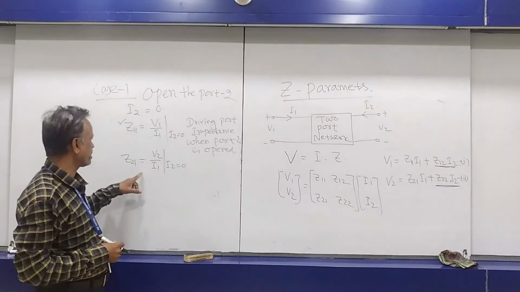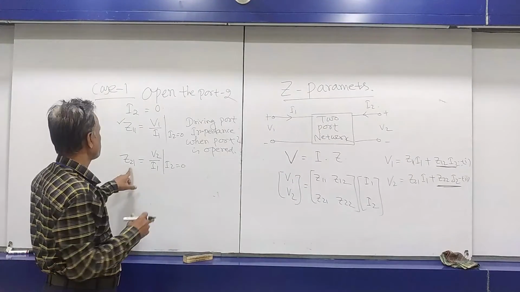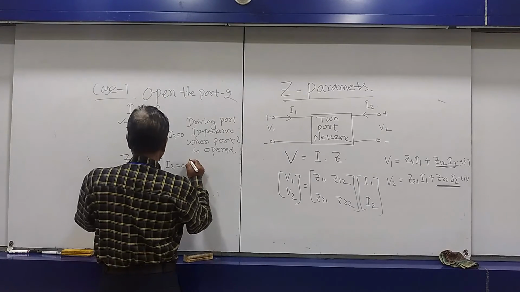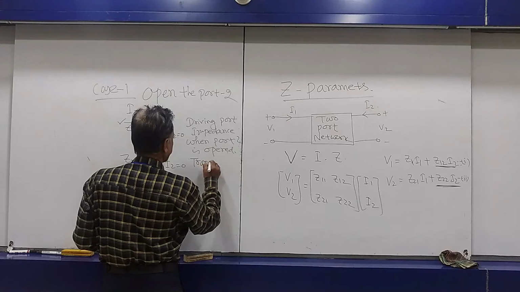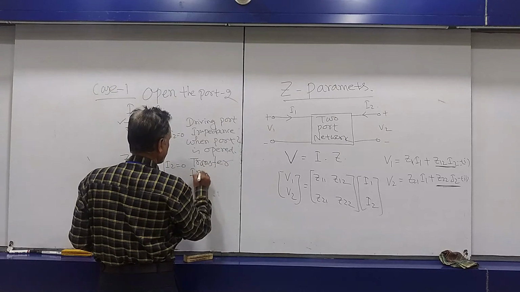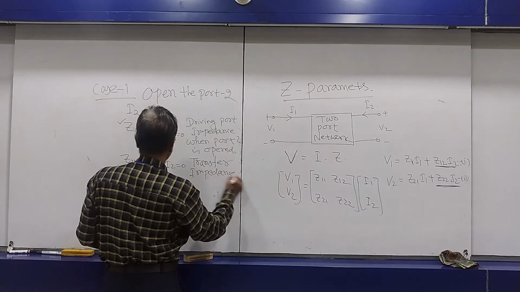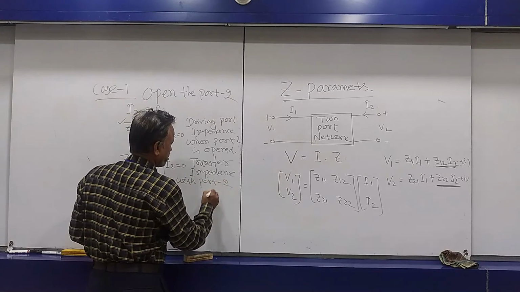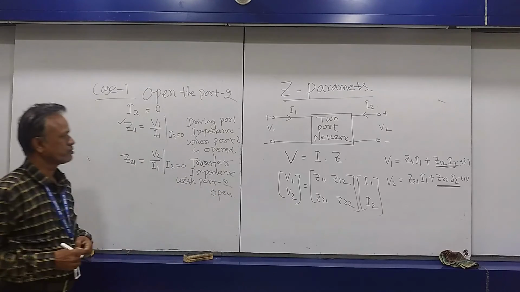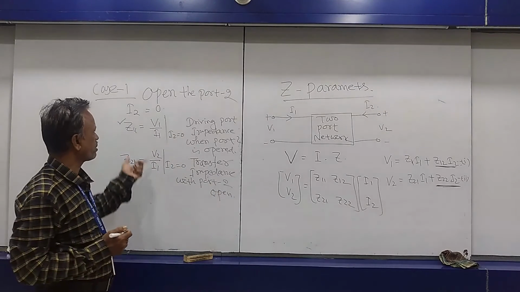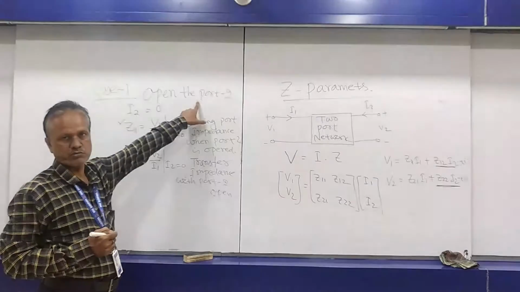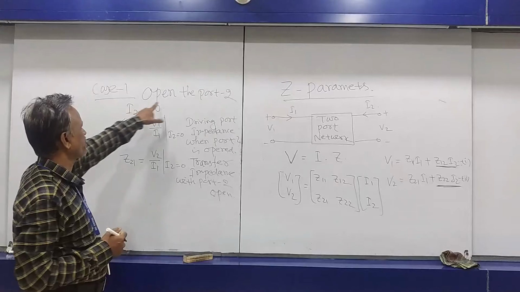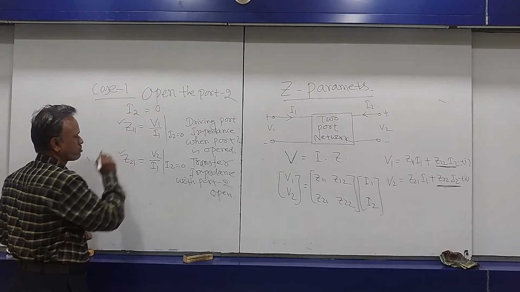This Z21 is called transfer impedance with port 2 open. Okay. So two parameters we got by opening port 2. That is why these are called the open circuit parameters. By opening port 2, we got Z11 and Z21.